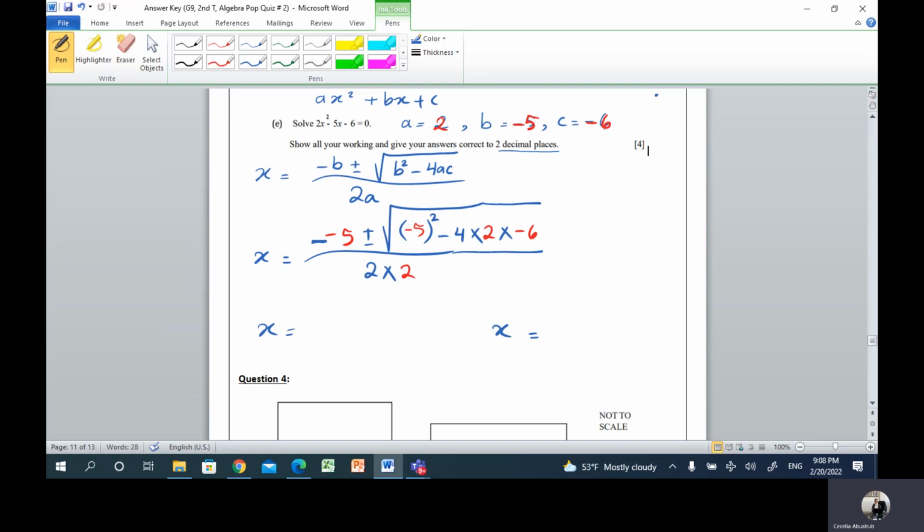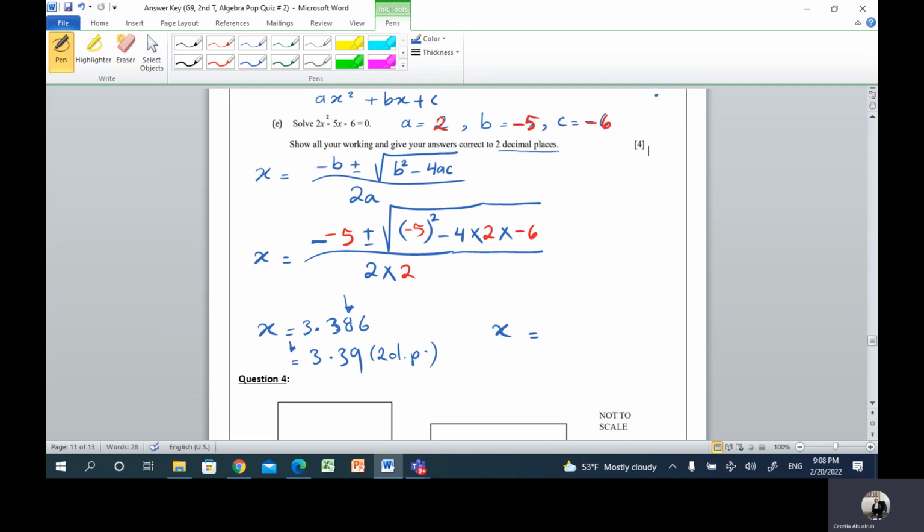You go down with the arrow, 2 times 2, and then you go out, and you will end up with 3.386, and they said correct to 2 decimal places, so this is our second decimal. So it's 3.39, and this is rounded to 2 decimal places.